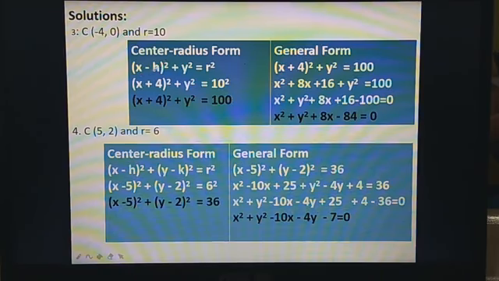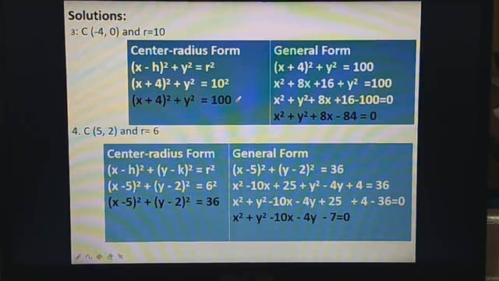So minus negative 4 will be positive 4. Then square, plus y squared is equal to 10, the radius, squared. So let's simplify this. 10 squared. So we have quantity of x plus 4 squared plus y squared is equal to 100 for our center radius form.